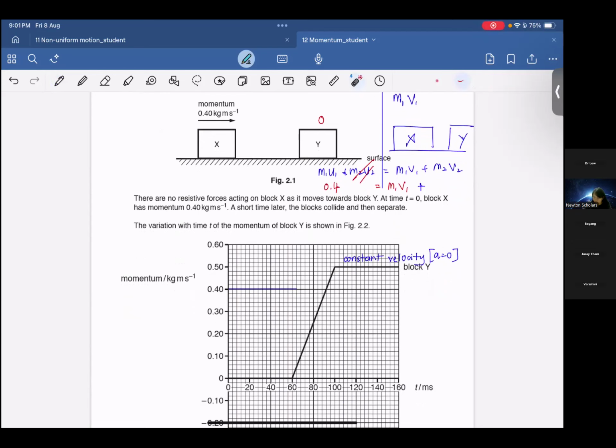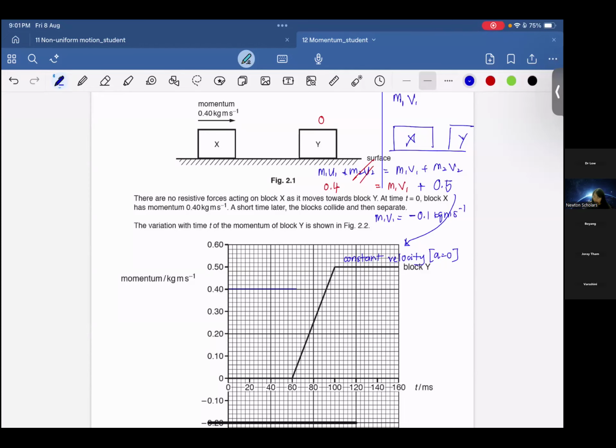How do I know, teacher? Here we know. Block Y after collision is 0.5. This value we get from the graph. Okay, so here, M1 V1, the block X, it should be negative 0.1 kg meter per second.